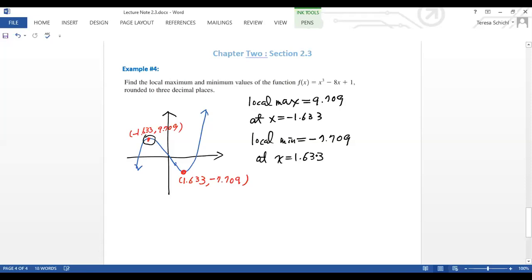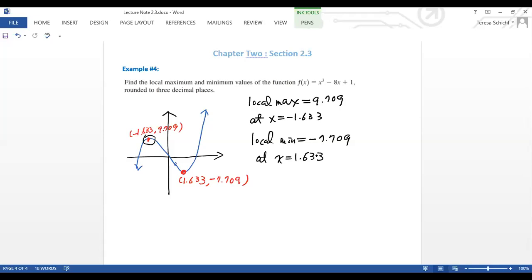So that's how to identify those few key pieces of information in this section. The most important thing is to know what the local max and local min represent. At that point, it is the largest or smallest number in a near neighborhood, typically the turning points.